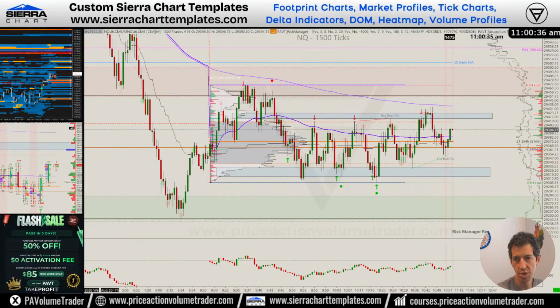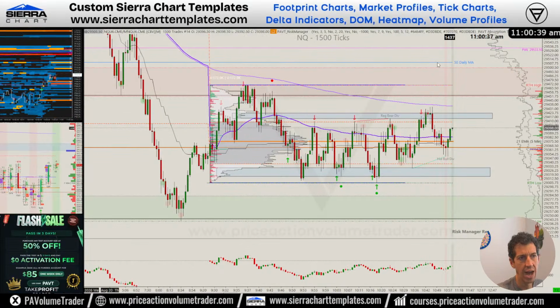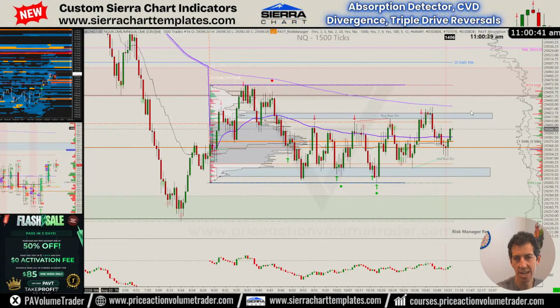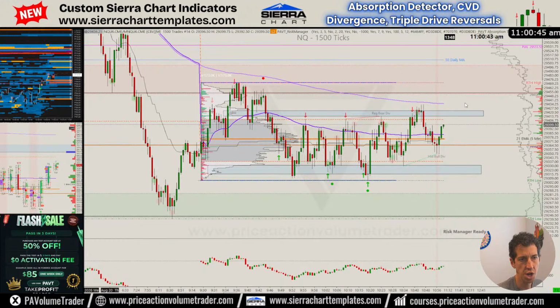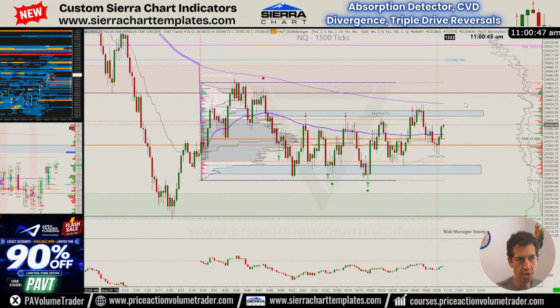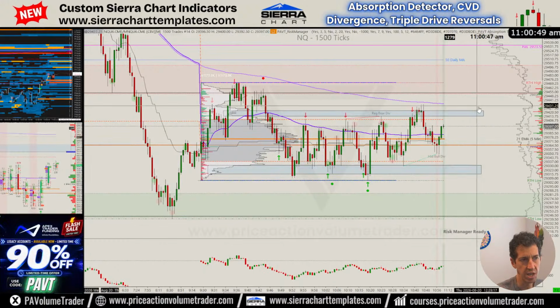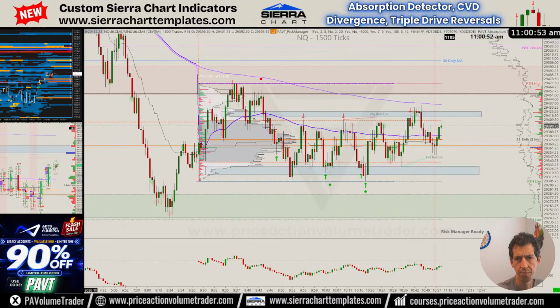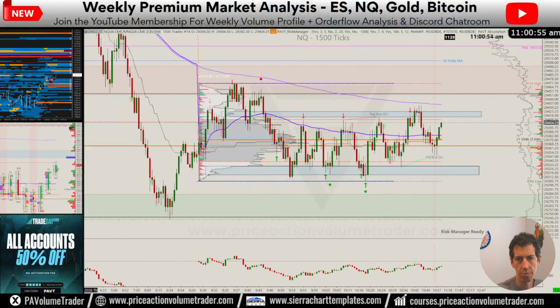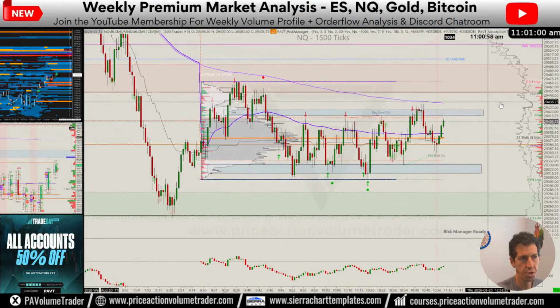But my footprint chart on NQ, I have the tick multiplier set to 4, so that it consolidates 4 ticks into a single line. Because if not, the footprint chart will look huge. But yeah, you can also change the tick size or the multiplier.